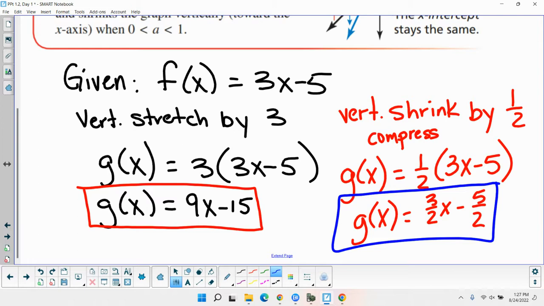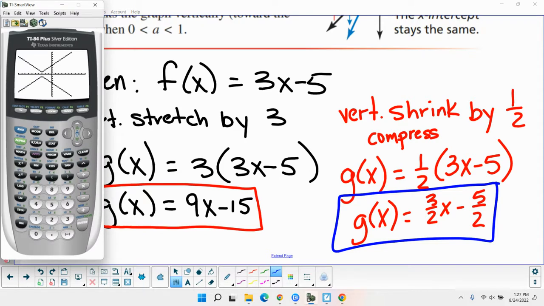Okay. So this is linear, not absolute value. So if I look at it on my calculator, let's go back to our 3x minus 5 one. All right, and then 3 halves. So I always put fractions in parentheses with this calculator. There's the original, and there's the other one.